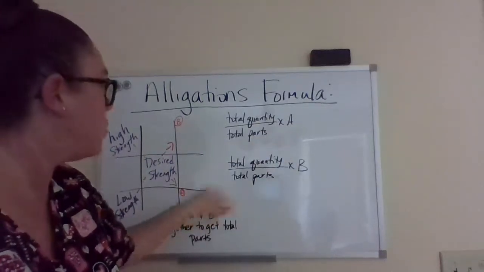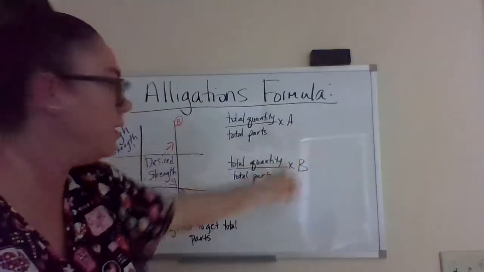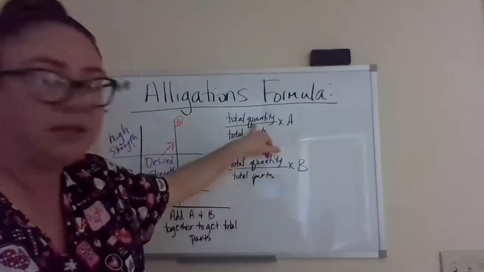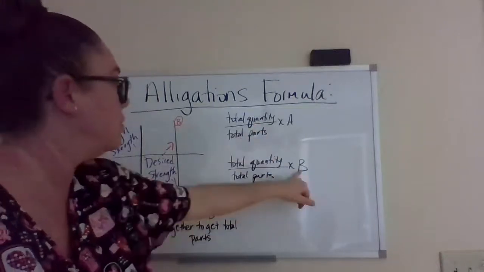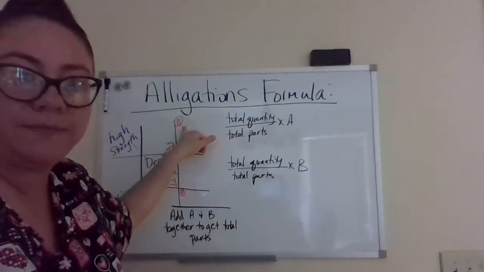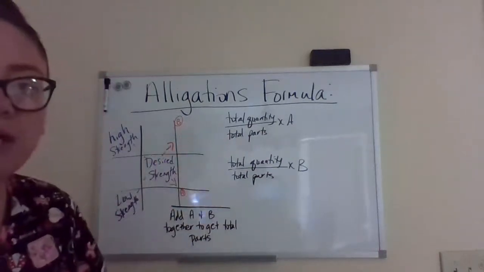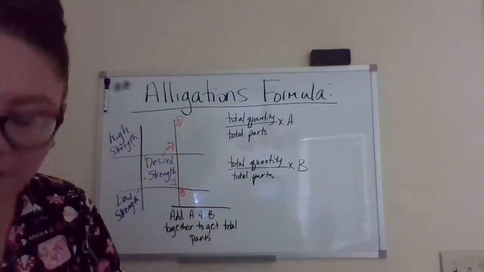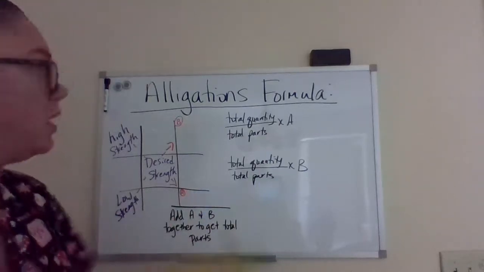So if this was 4, you would multiply that by 4. Here, total quantity over your total parts is exactly the same as above, but you're going to multiply whatever is in B spot. Okay, so go ahead and pause this video here so you can write down the formula and then pick back up, because we're going to continue on.